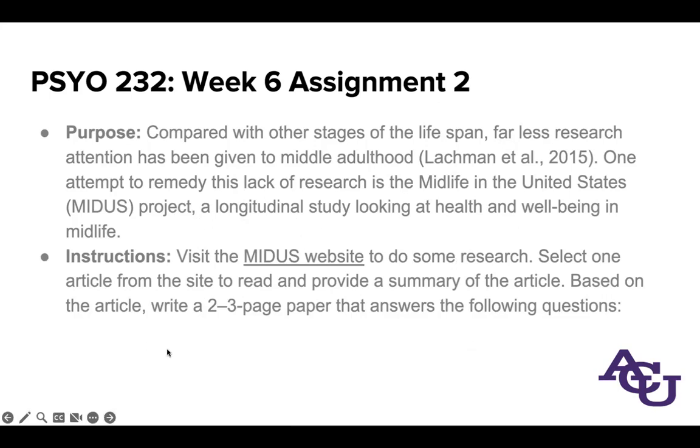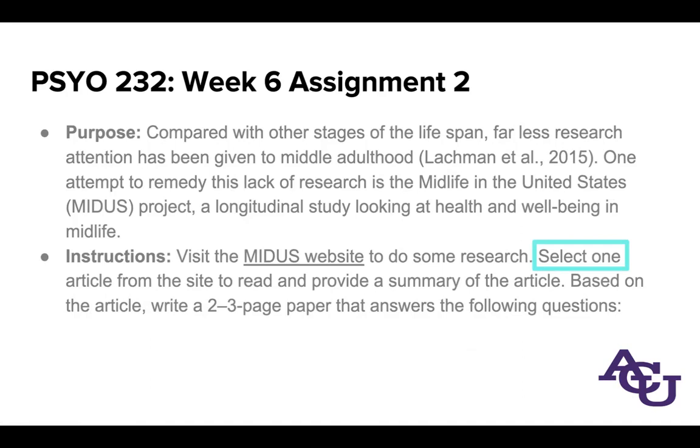So the instructions for this assignment are to do some research on this website, select one article from the site to read, and provide a summary of that article. Based on the article, write a 2 to 3 page paper that answers the following questions. So as we read over an assignment, you can annotate, just like we were talking about. So what do we need to do?